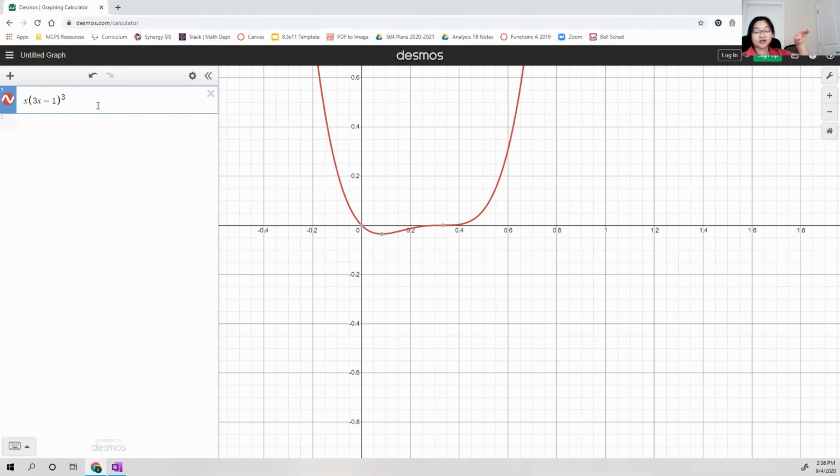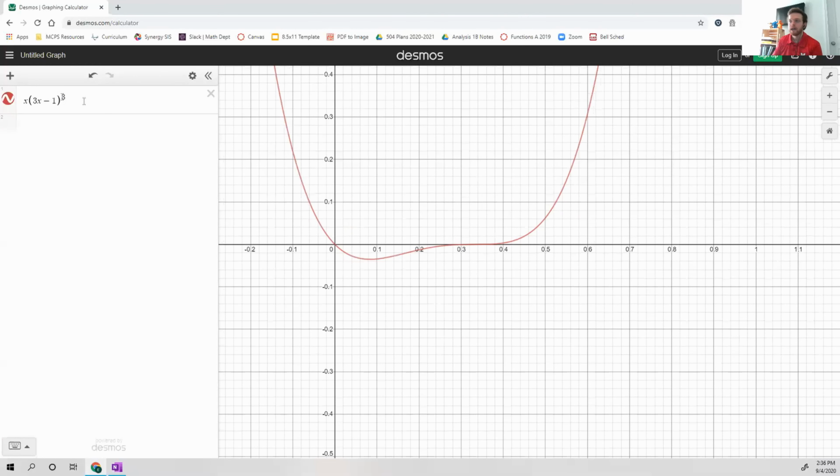Then the signs matter. When it was squared, the output was always positive. But when it's cubed, the output can be positive or negative. So it will change sign when you pass 1/3, going from positive to negative or negative to positive. So that number matters. When it's odd, we're going to pass through the x-axis.